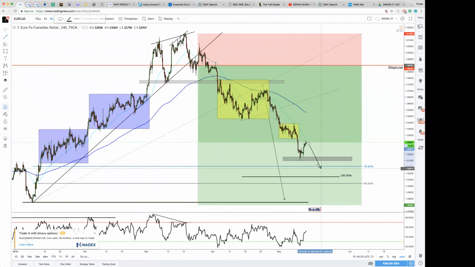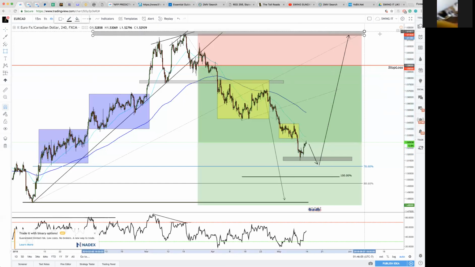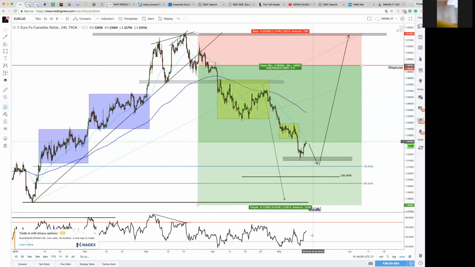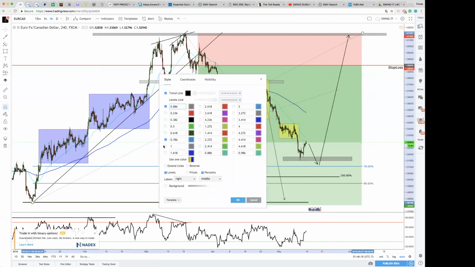So what we're waiting for is a break of this to the downside, right about there, 78.6, and then from there we should expect a nice retracement back to the resistance, and the resistance would be right about there. So all we gotta do is just wait for the right moment for it to create a nice W formation with a divergence, and then we can look forward to buying it.